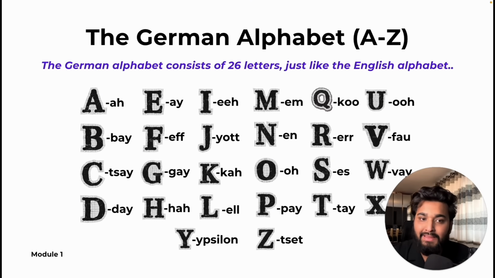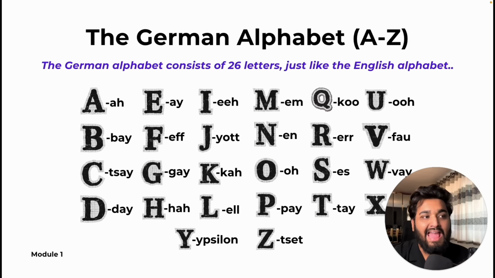Then J, you'd say yacht, okay? Then you have K. K, you'd say K in German, okay? L is just like normal English, L. It's no different, it's the same one, L.